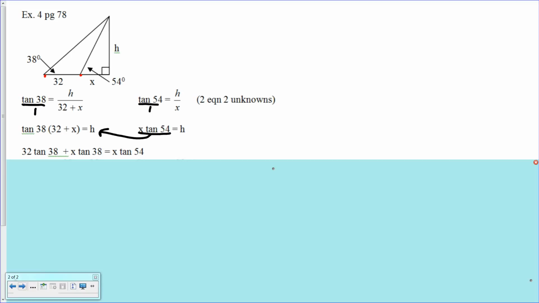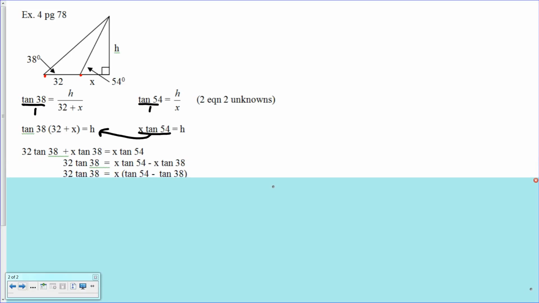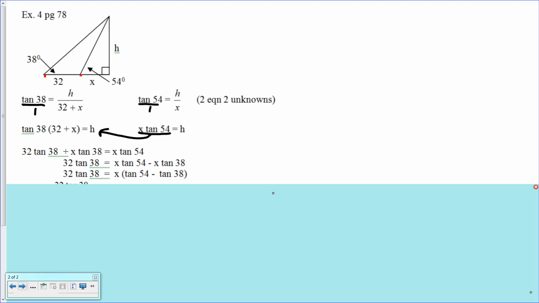Get your x's together, and then factor the x out. So I'm going to get the x's together, and I'm going to factor that x out. And now that x is all by itself, it's not in two terms, all by itself. And now I can divide both sides of the equation by tangent 54 minus tangent 38.